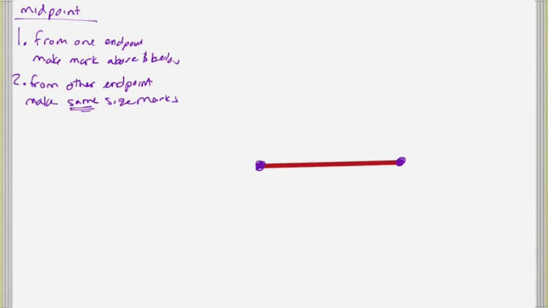So I put my compass point at one side and I make a mark above and below. And then go to the other side and make the same size mark above and below.